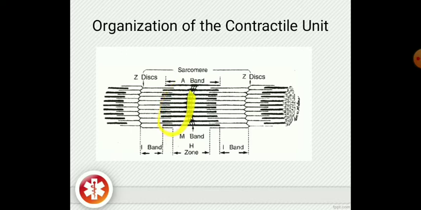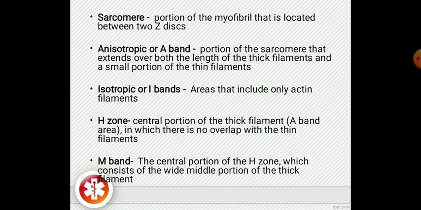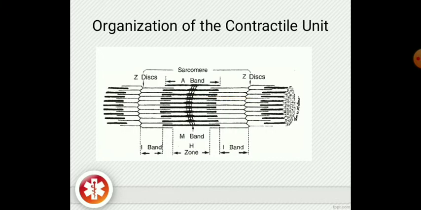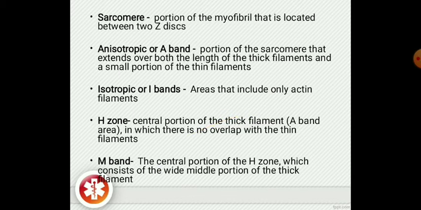As I said earlier, each sarcomere is made up of actin and myosin. This sarcomere is a portion of myofibril located between two Z discs. So these are the two Z discs, and the portion in between is what we call a sarcomere.